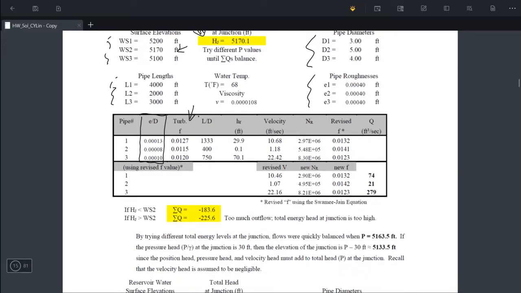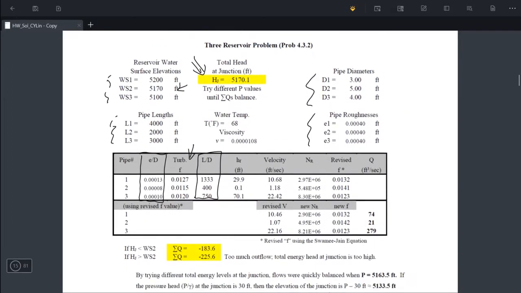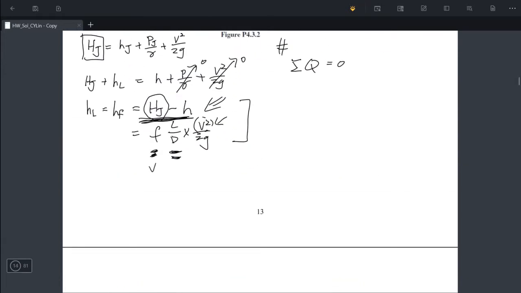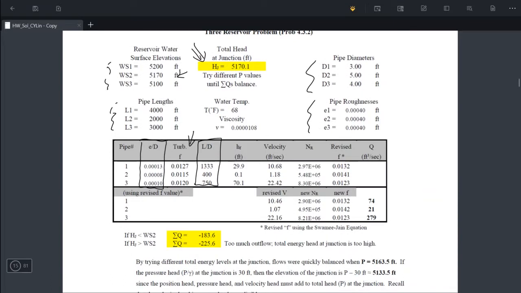And we also know this term, which we will use in the friction head loss equation to calculate the velocity. So the only unknown in this equation is the velocity. As I show here, we then can calculate the velocity based on the friction value that we guess here.